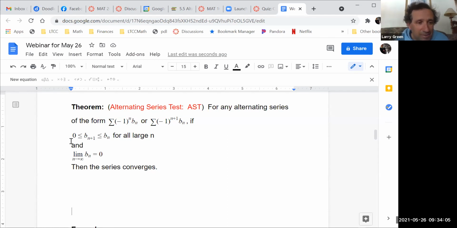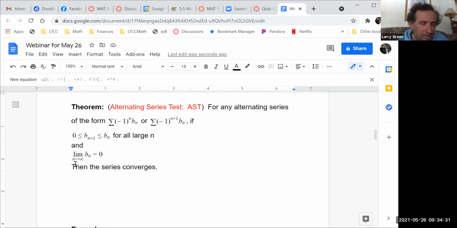and if 0 is less than or equal to bn plus 1, which is less than or equal to bn for all large n, okay? By the way, that says we have a non-increasing sequence. So it means you never go up. You can go down or you can stay flat, but you never go up.